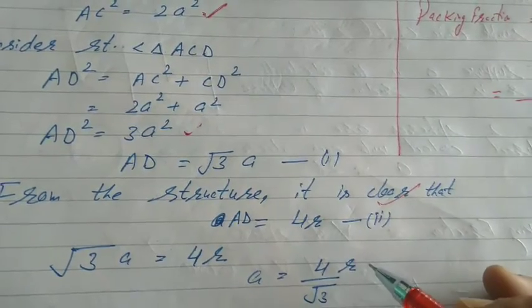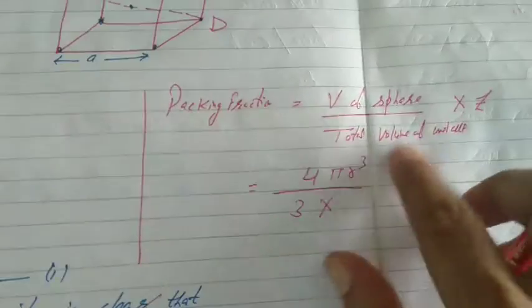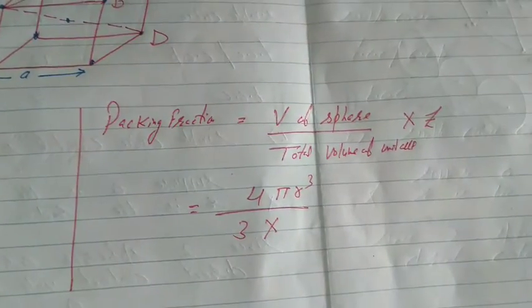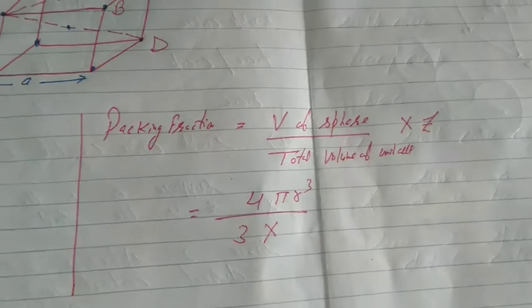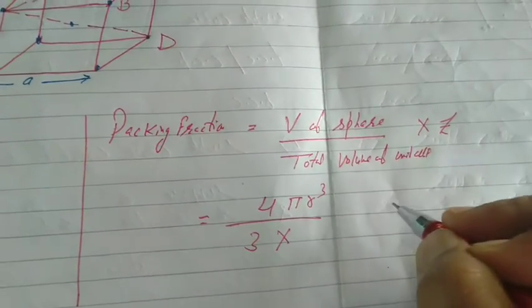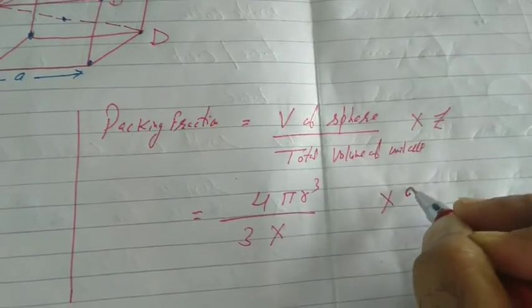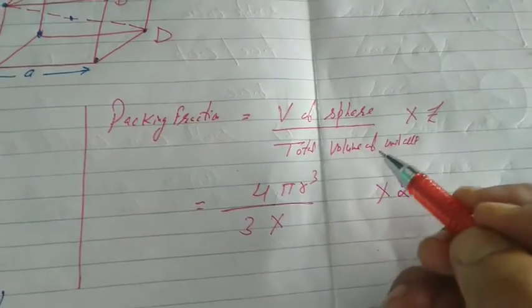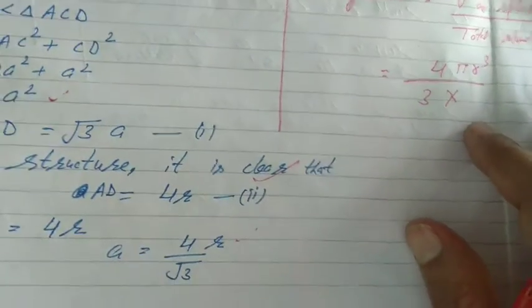When we know the value of A, we apply the formula: packing fraction equals volume of sphere upon total volume into Z. For BCC, we consider 2 times the volume of sphere because for the BCC system Z is 2. Volume of sphere is 4 by 3 pi r cube. Total volume of unit cell is A cube. Students, what's the value of A?